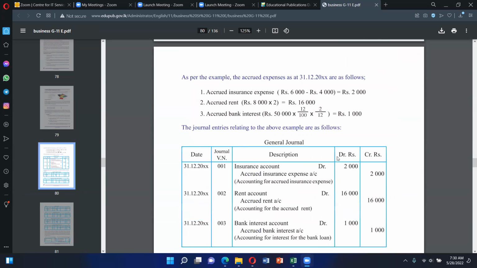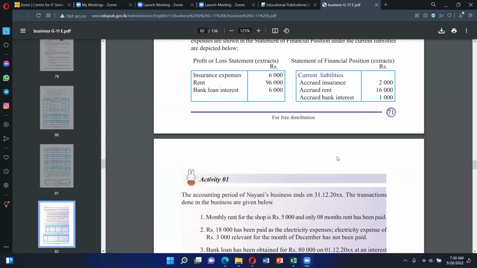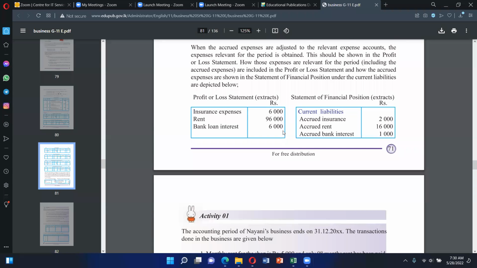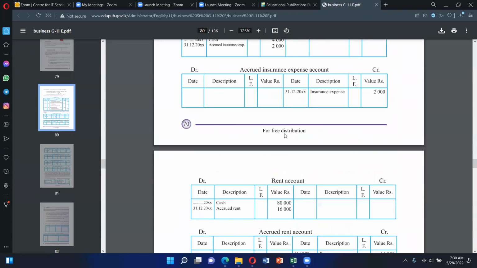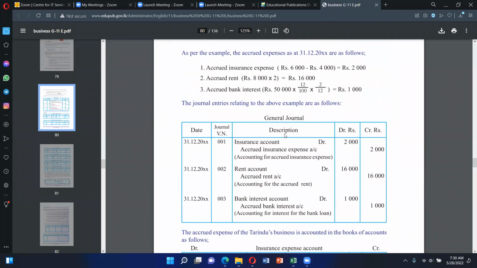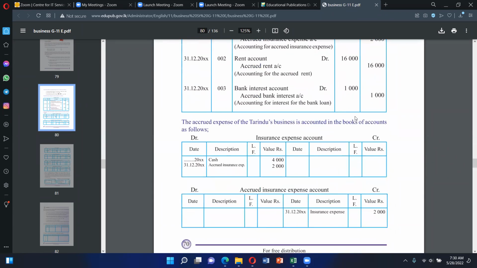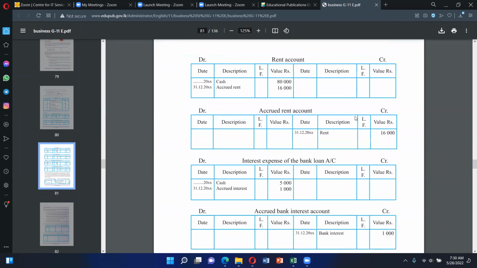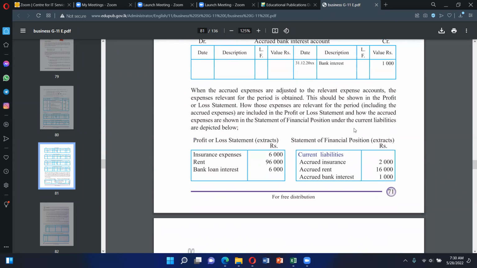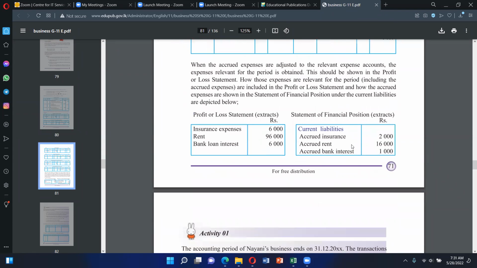In total the expense is 108,000. What goes to the SOFP is the outstanding amount, that is, the accrued expense: 2,000, 16,000, 1,000. So this will be recorded under current liability. Is it clear? If you have a doubt, please ask.